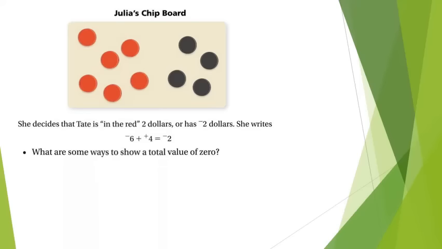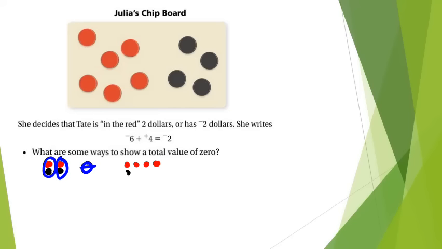So now what are some ways to show a total value of 0? Just thinking about a chipboard in general. For example, I could have 2 positives and 2 negatives. Those would simply create 2 zero pairs and cancel out, leaving a value of 0. I could have 4 negatives.